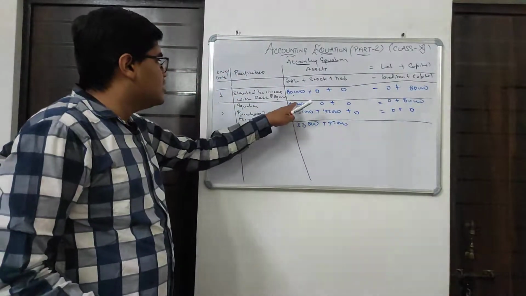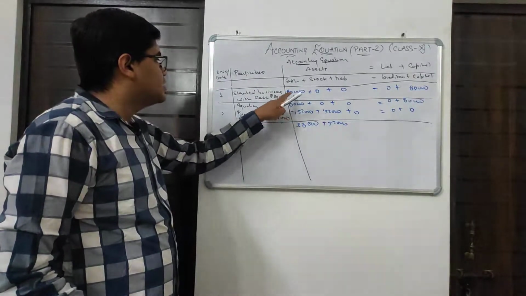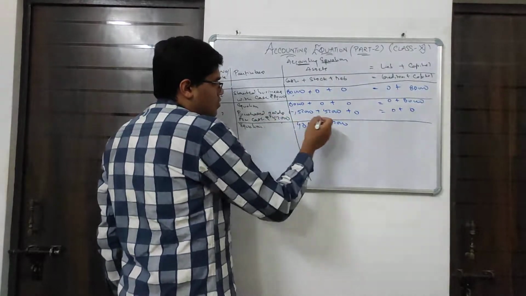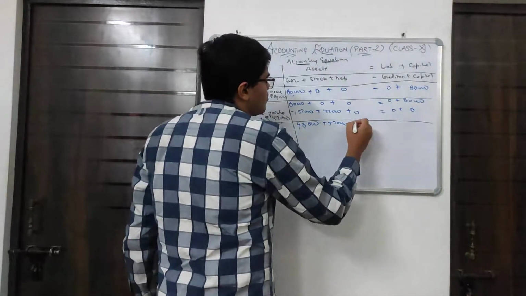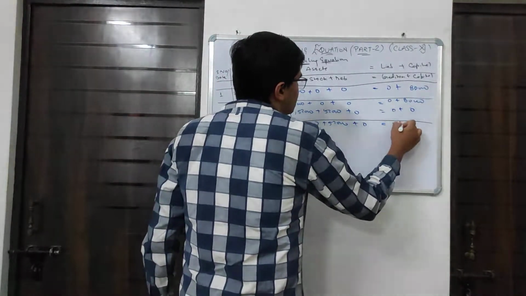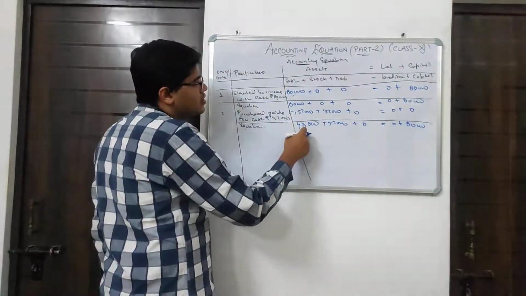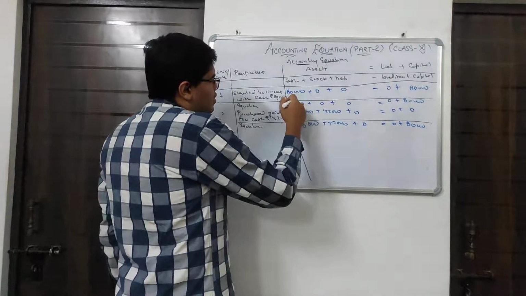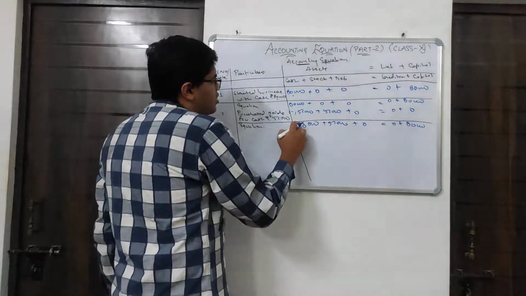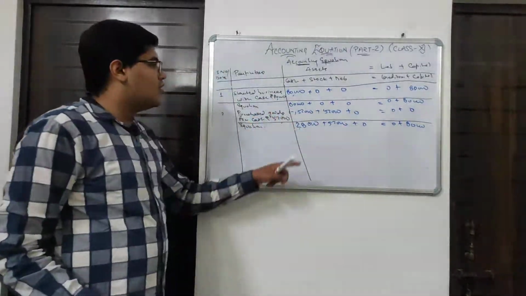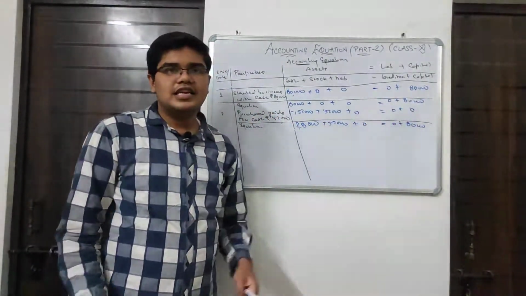Wait a minute, 80, 10 to 8, 7 and 3, it will be 48,000. Hope it is clear to you. Plus 0 plus 80,000, 10 to 8 and 7, 5, 2. So sorry, it will be 28,000. Now the equation gets balanced here, 80,000.